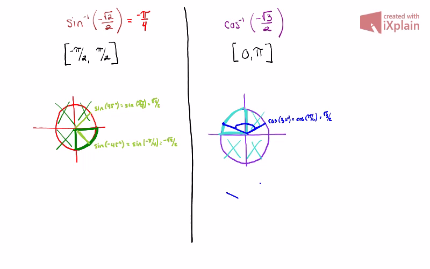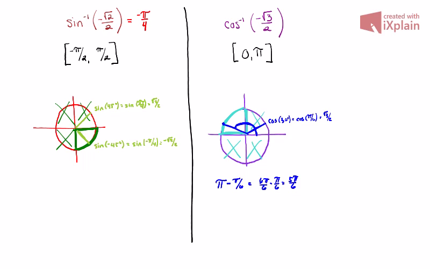So going from here to here. So quickly I can do that by saying, well, I could do pi minus pi sixth. This would give me 6 pi over 6 minus pi sixth, or 5 pi sixth.